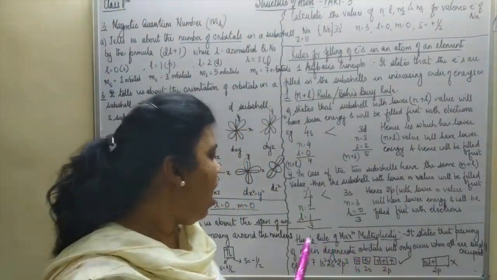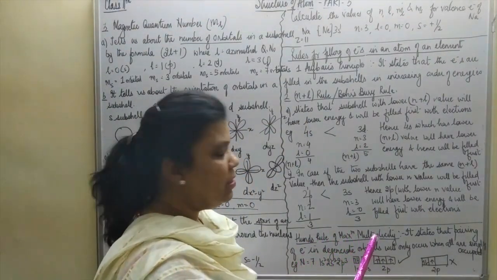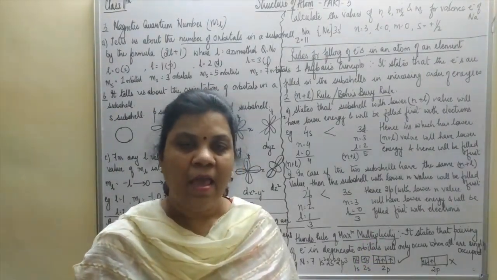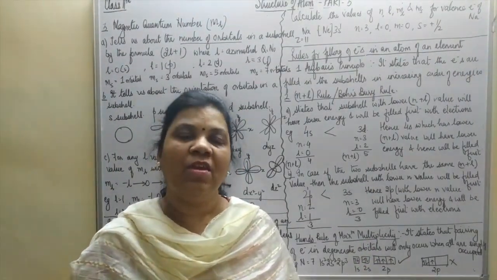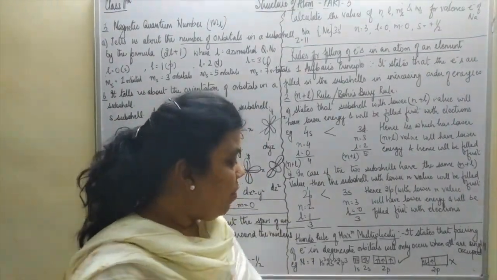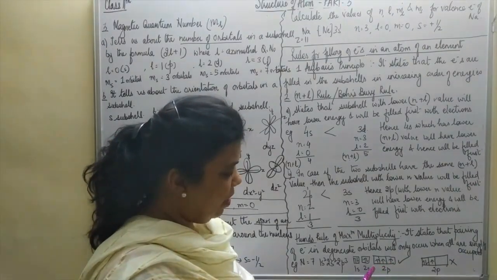The next rule is Hund's rule of maximum multiplicity. It states that in a set of degenerate orbitals, what do we mean by degenerate orbitals? Orbitals of the same energy, like these three.